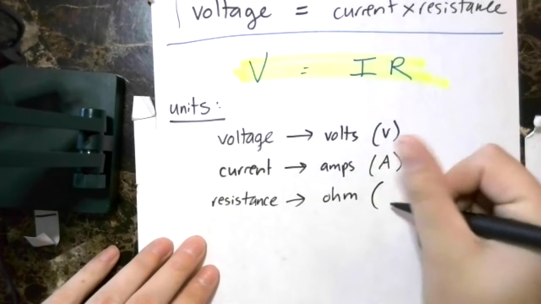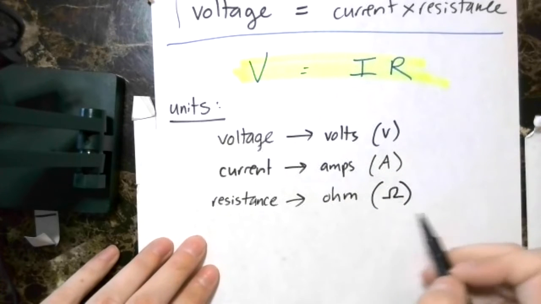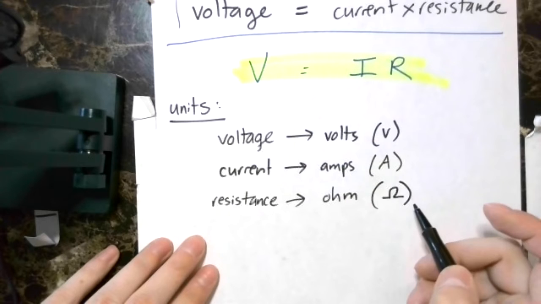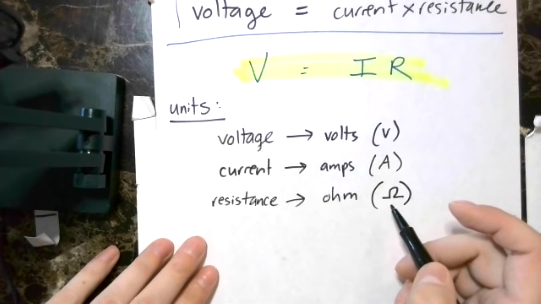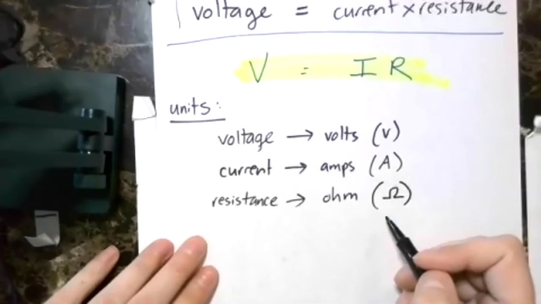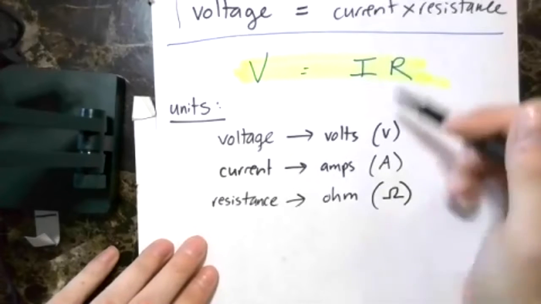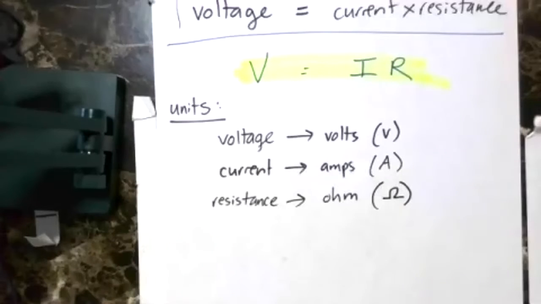And then the symbol, the variable, is the Greek omega. So this little funny horseshoe. I wish that the people deciding on the variables could make it a little less confusing. Anyway, you get the point. V, A, omega. Okay, these are our units.